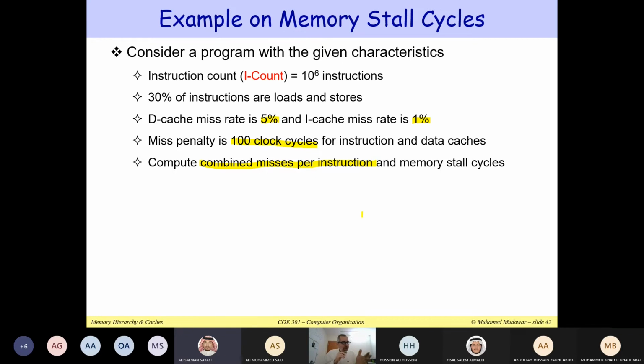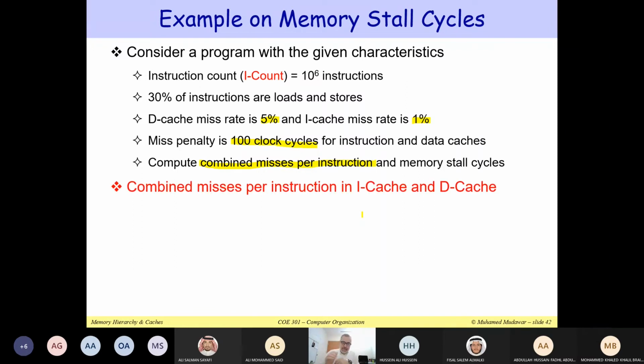Exactly. We multiply the 30% by the 5%, because 30% are load store and 5% are going to miss. So to get it per instruction, we have to say how many instructions are actually load and store. These are 30% of my instructions, and 5% of these 30% are going to miss.